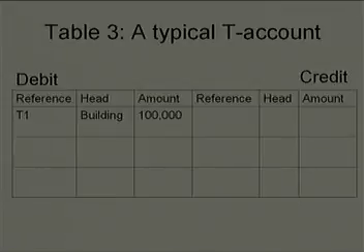Now, it will require a little imagination to see why it is called a T account. It is of the shape of a T. If you extend the center line, you will find that it takes the shape of a T, and that is why it is also known as a T account, whereas the more popular name is ledger.